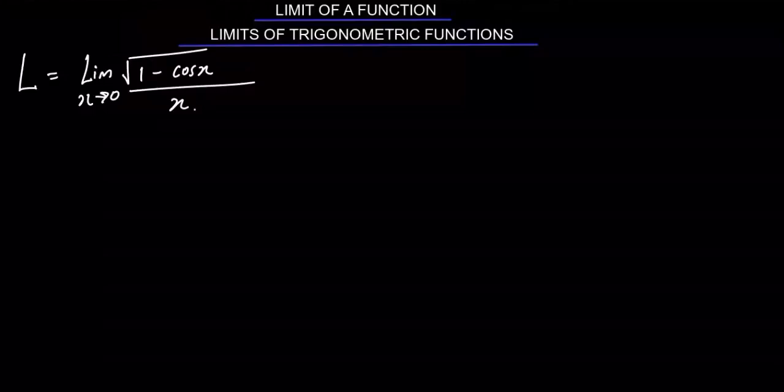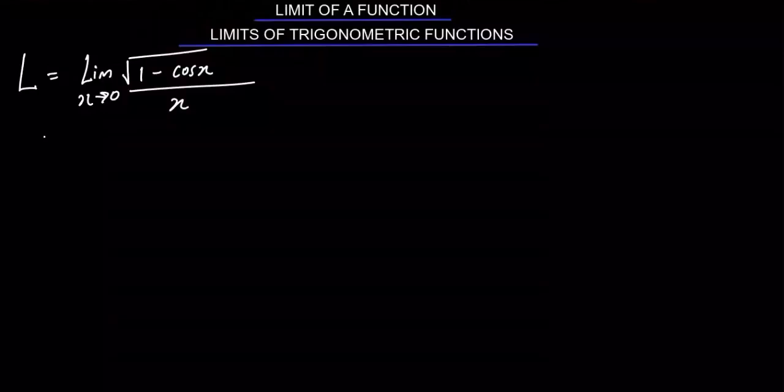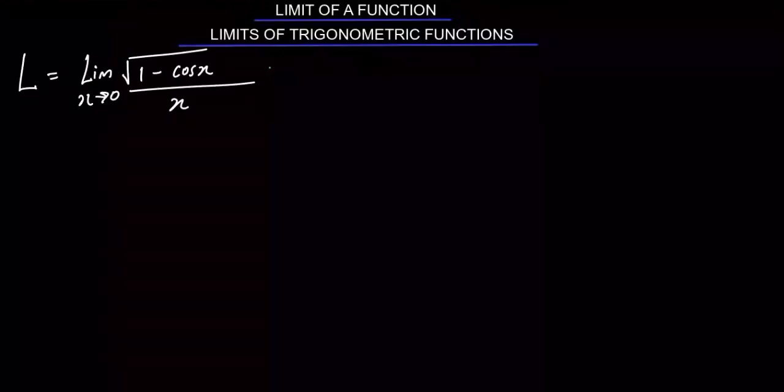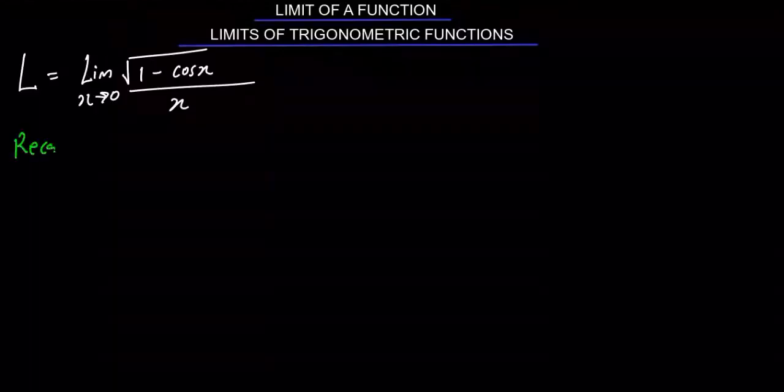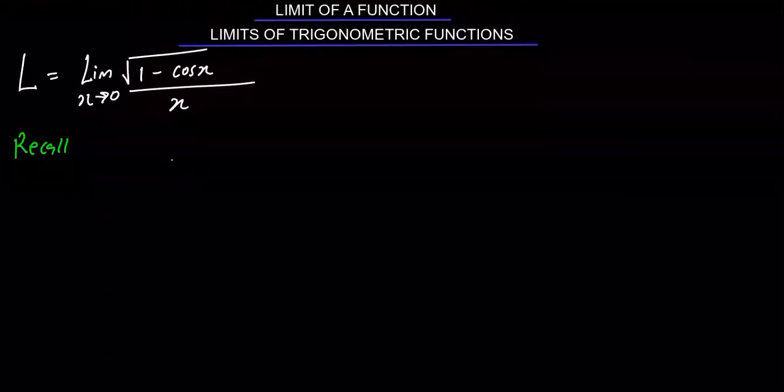So what do we do here? You can attempt the problem, test your ability. Alright. So when you are done testing, recall, if I substitute 0, I'll be having 0 over 0. So you need to find a way to manipulate this problem.